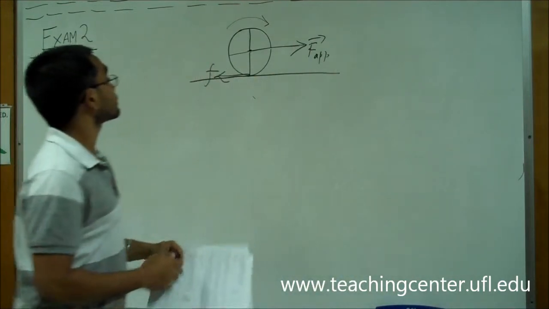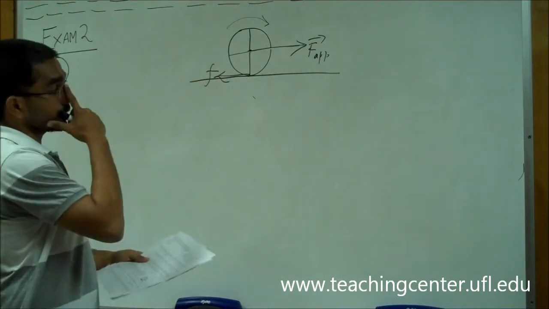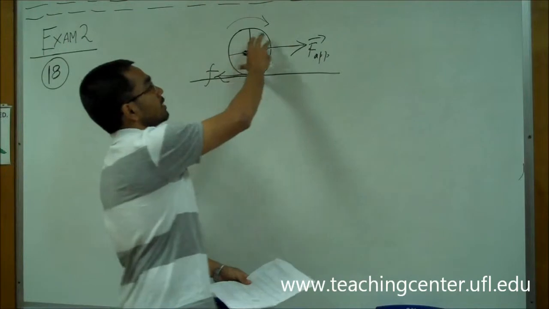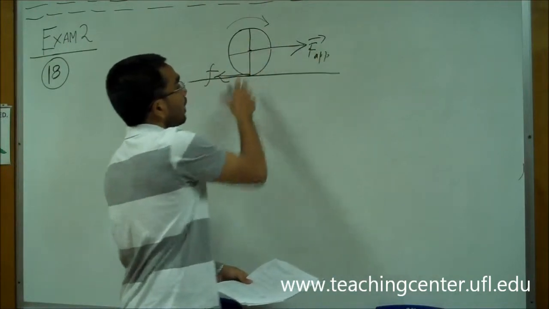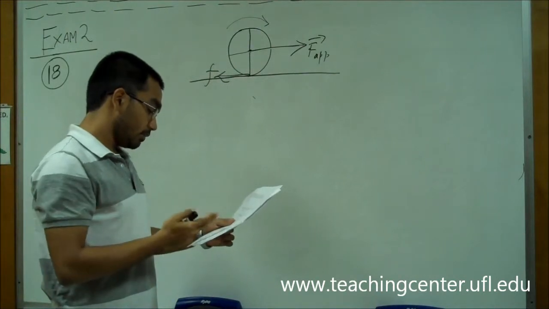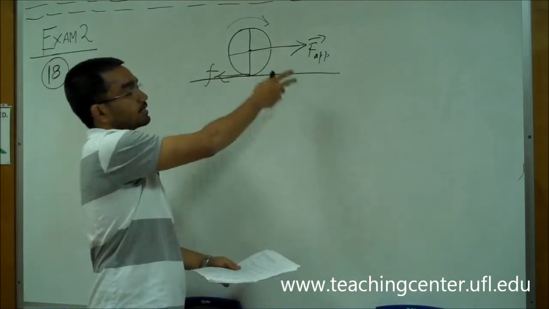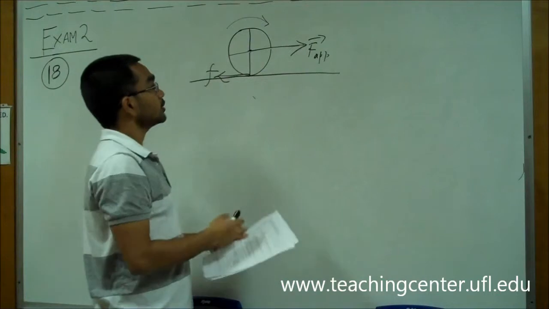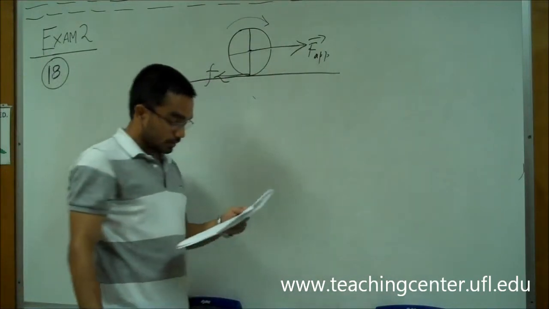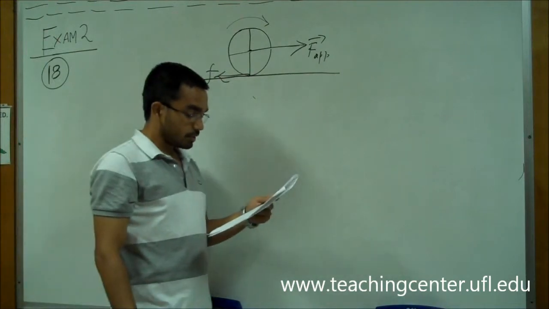Now, the first thing we need to take into account is that if there was no friction, then I would just take my F_app, divide by the mass, and get my answer, right? 20 divided by 20 will give me my acceleration. But clearly, my acceleration is not just applied force divided by mass of the body. So there is something more to it.